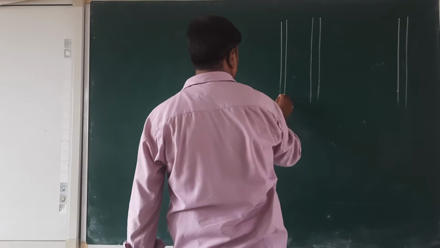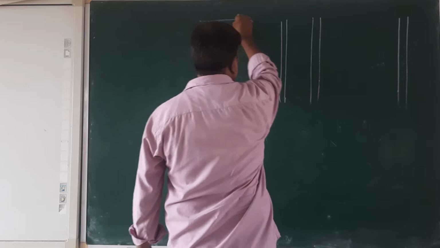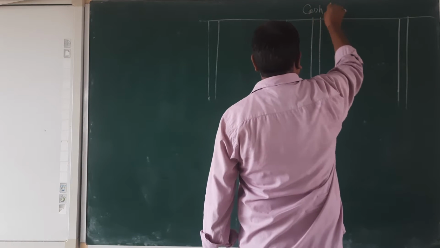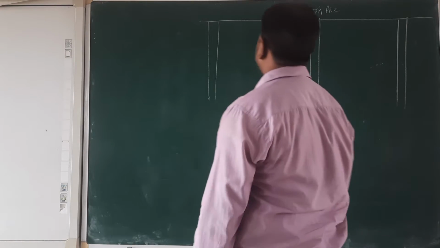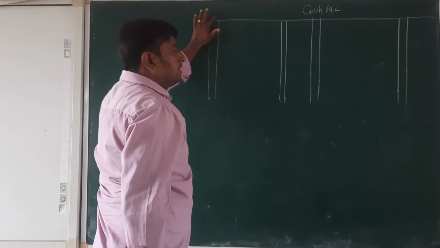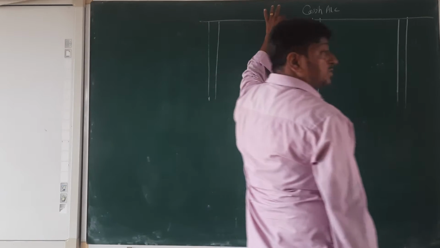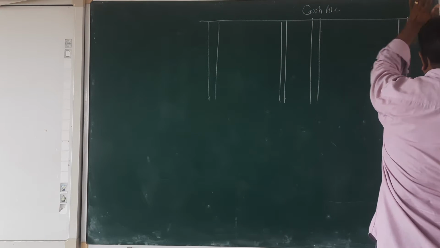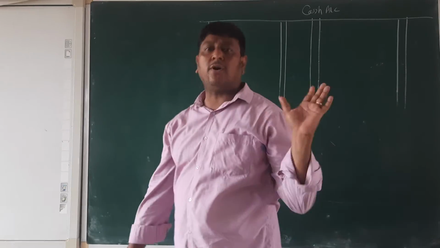These are the proforma of the ledger. Then we take the name of the account, maybe the cash account. Date, particulars, JF (general folio), amount debit; date, particulars, JF, amount credit. This is the proforma of the ledger.